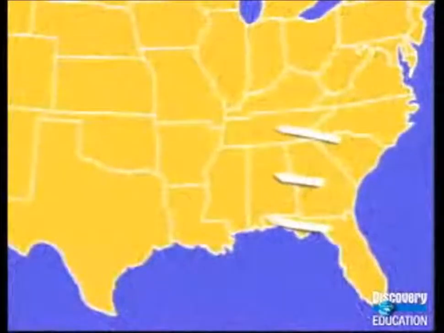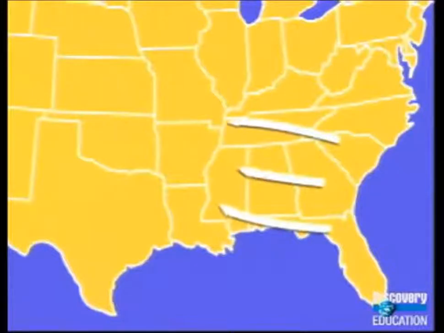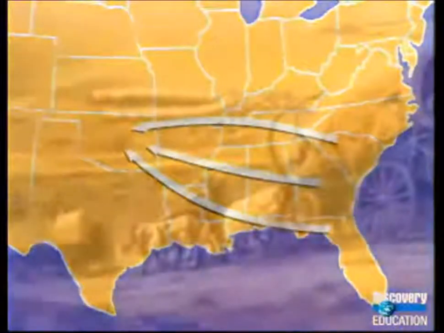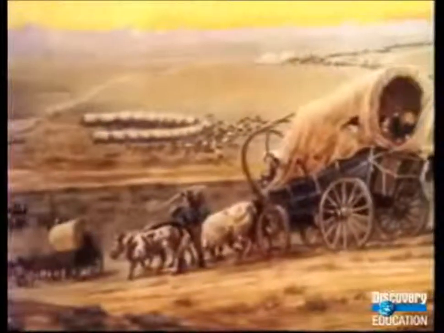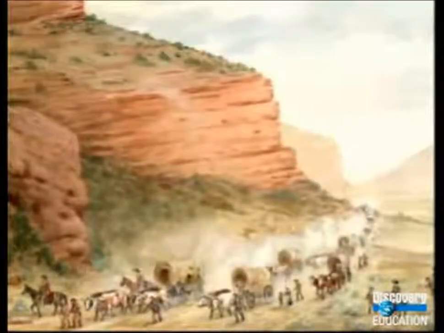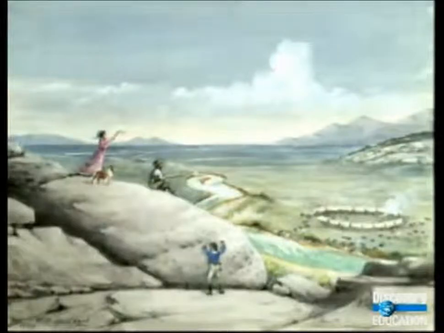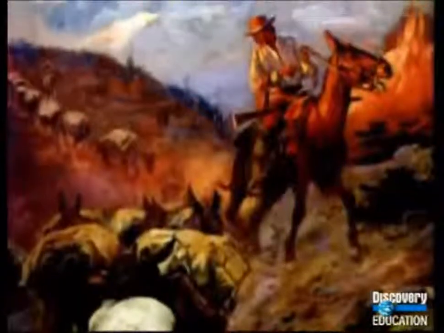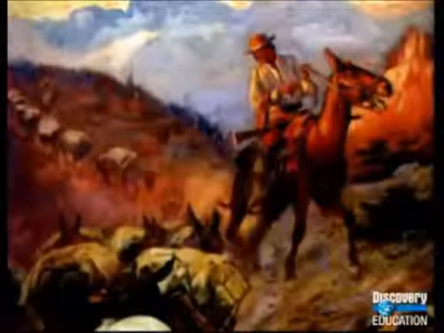By forcing Indians west of the Mississippi River, the United States thought that the Indians would be out of its way once and for all. But America was growing rapidly, and it wasn't long before pioneers began moving west across Indian land, heading for California and Oregon. They were followed by miners who trespassed on sacred Indian land in violation of treaties in search of gold and silver.